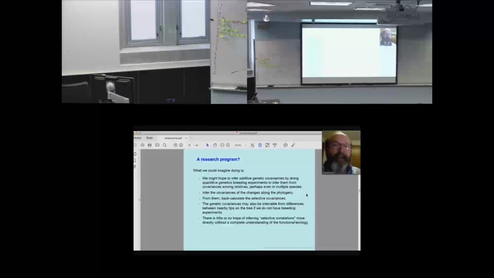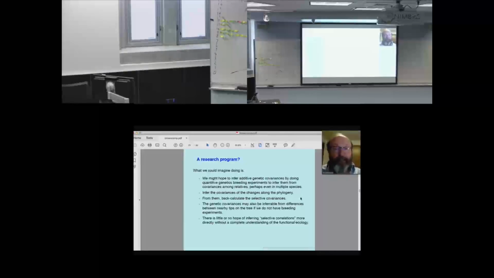Now, this is an idealized program of research, and I think most people can't do it. Ideally, you'd like to have quantitative genetic experiments and get G matrices on all of your species. Nobody has ever been able to do that. But I think we're probably moving gradually towards that in some of the most favorable cases.